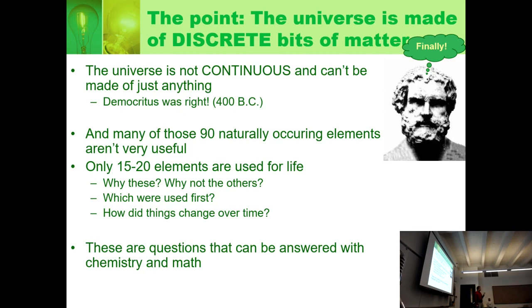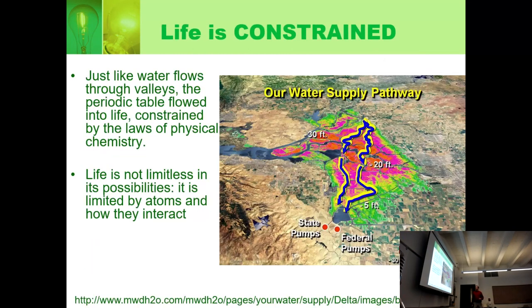For water-based life, stuff dissolving in water, there's only these elements, and they can only be used in a certain sequence. There's some that you can't use right away. You have to wait. And they actually are based on chemistry and math. And so the idea of constraints comes up again. We're constrained to use only those 15 to 20 elements.